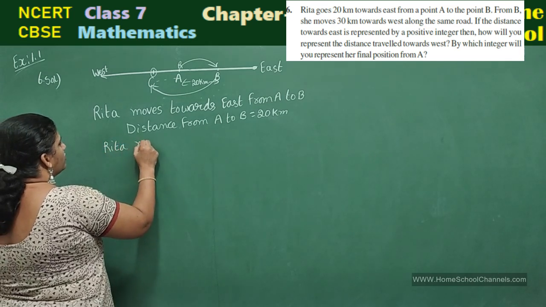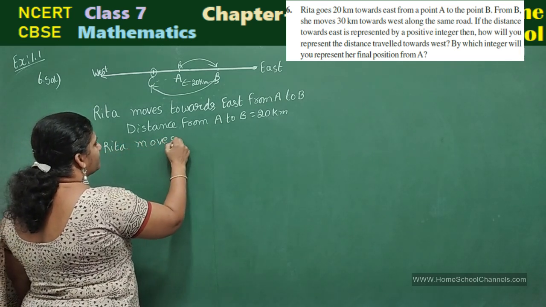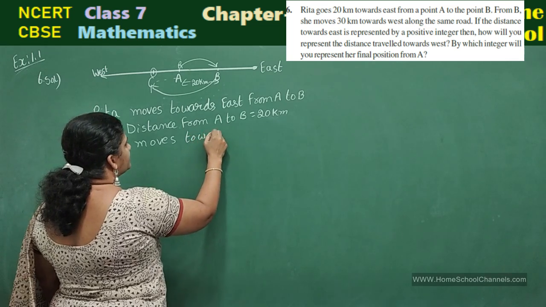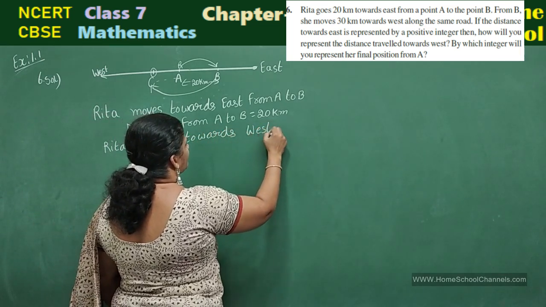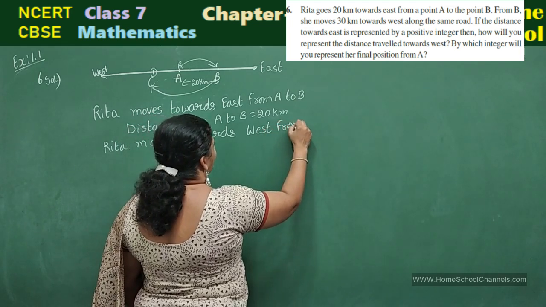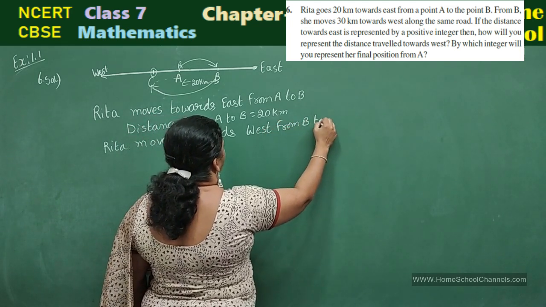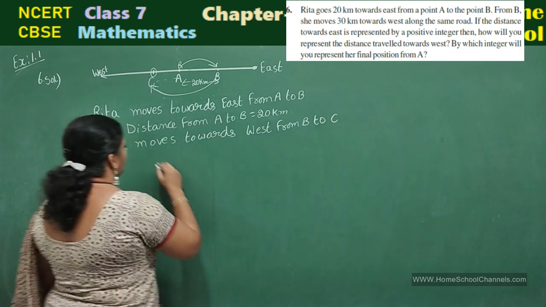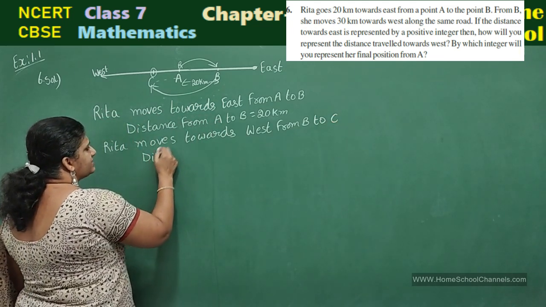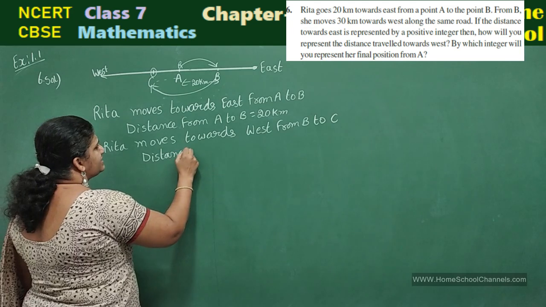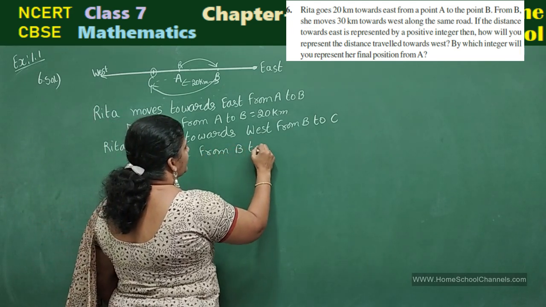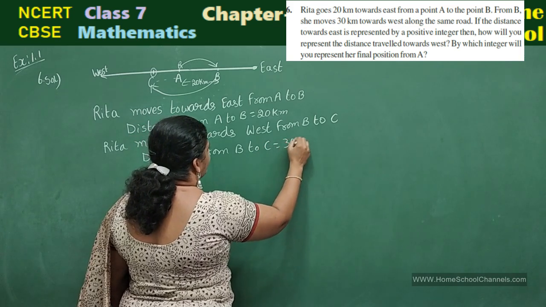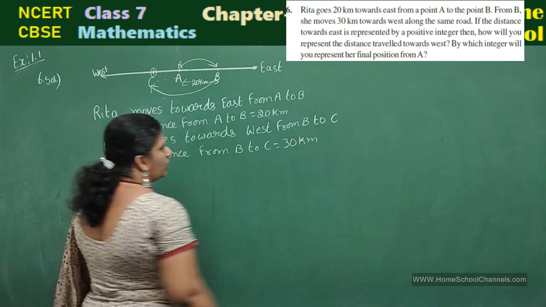Rita moves towards west from B to C. Distance from B to C is equal to 30 kilometers. Okay.